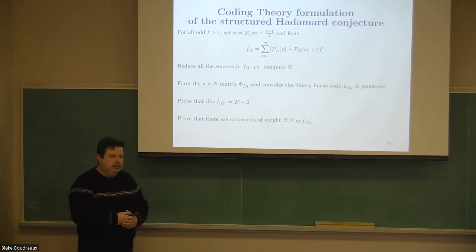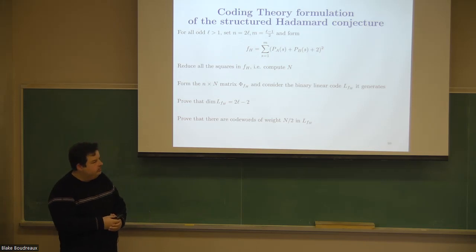Is there some analogous counting of binary zeros of more than one polynomial? Crunch them all into one polynomial by doing some squares. That's a great question. Not in his paper.